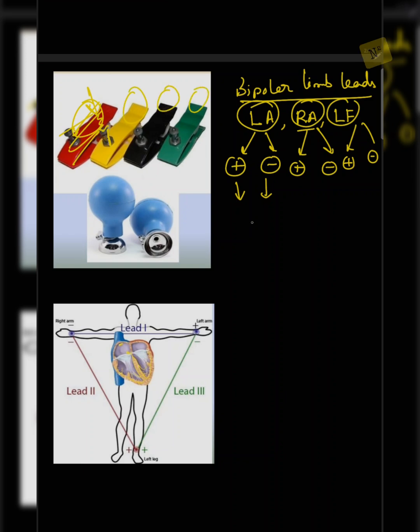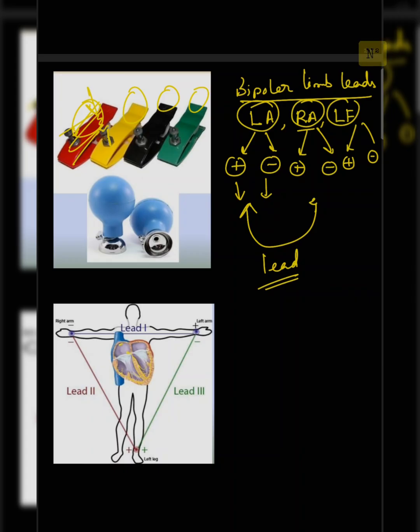Now, combining any two electrodes together forms a lead. So a lead is an imaginary parameter of an ECG machine, and an electrode is a physical part of the ECG machine that we actually clip onto the body.